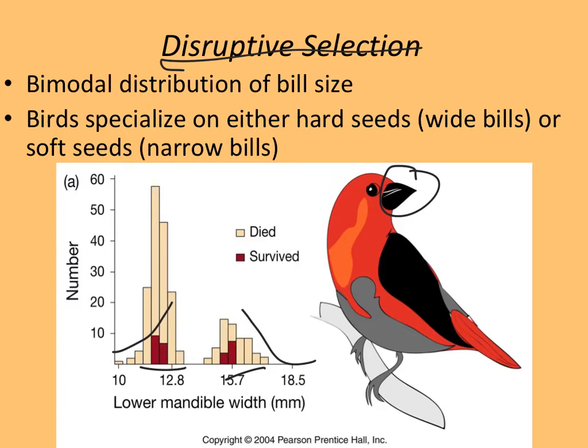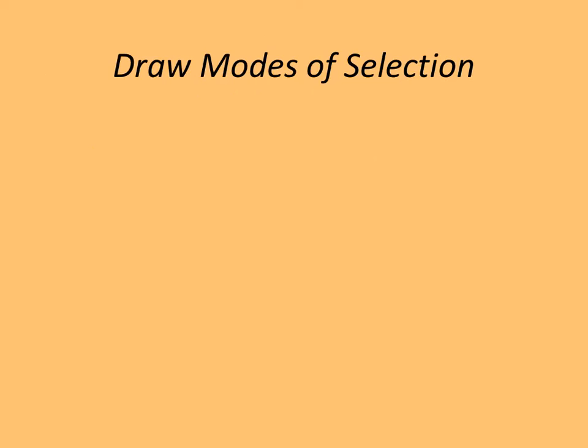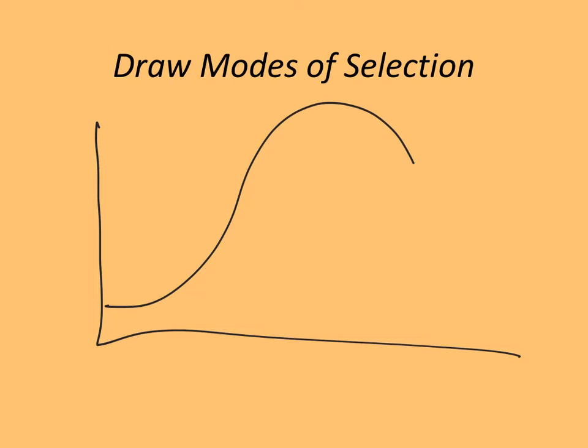And now you have what's called a bimodal distribution, where you have two different averages. 12 millimeters versus about 16 millimeters. So again, strong selection.